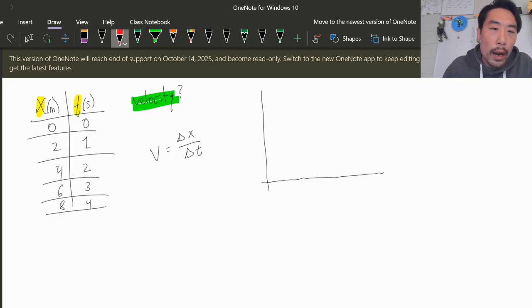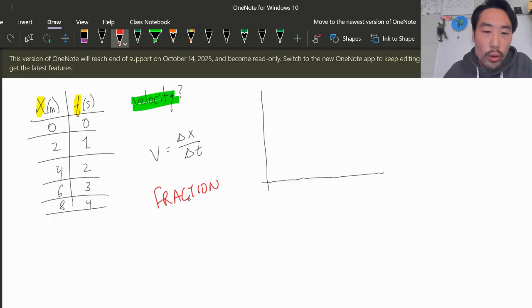A clarified way of putting this is, if you have a fraction, what you are looking at is essentially the slope. So here, this is the change in the y-axis. I'm just going to call it the rise.